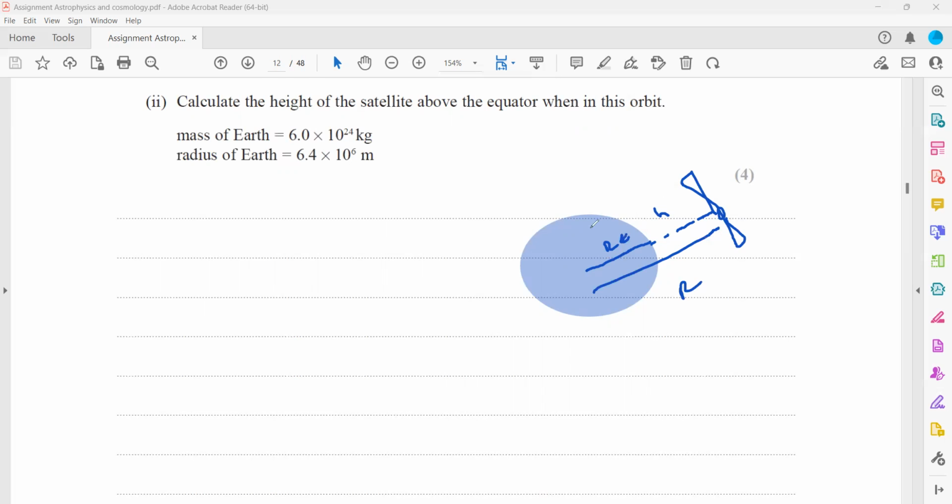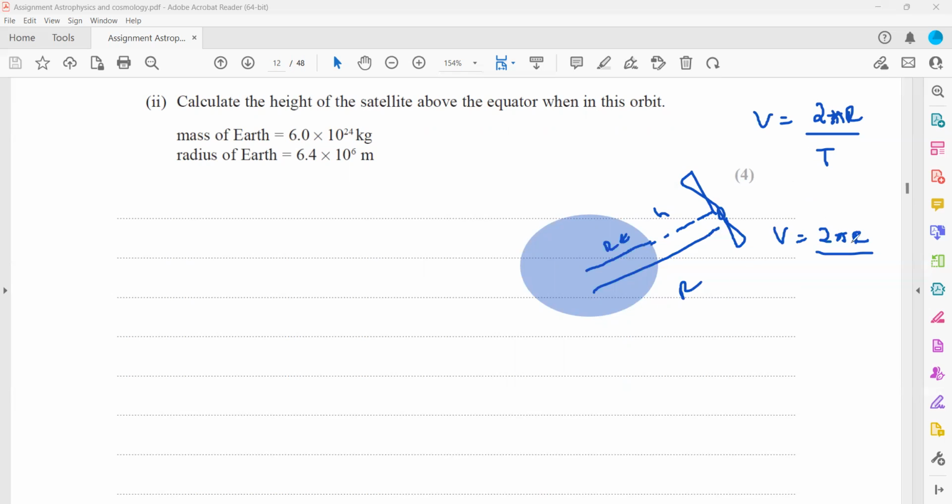As this is moving, we have the time period, so from the time period we can work out the speed. Speed is distance divided by time. The distance for a circle is the circumference, so 2 pi r. So v is equal to 2 pi r divided by T, and time should be in seconds.